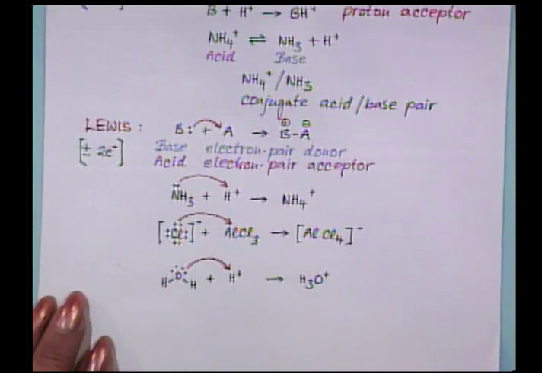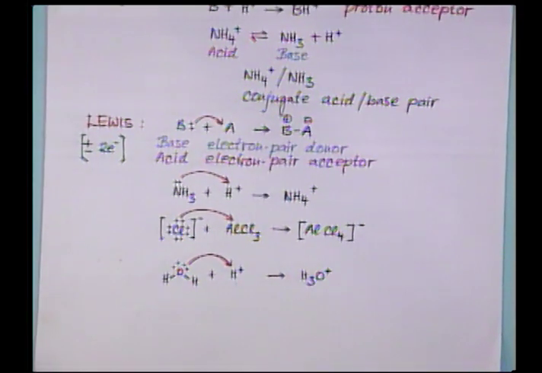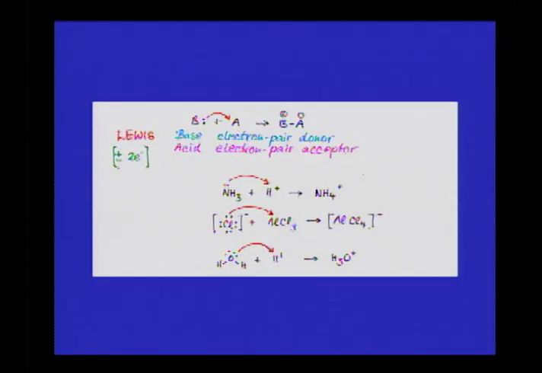A little bit more exotic is the Lewis concept. And here everything boils back down to electrons. So any species that can donate an electron pair is considered a Lewis base. Anything that has an electron pair gap in its structure and would love electron pairs is called a Lewis acid.